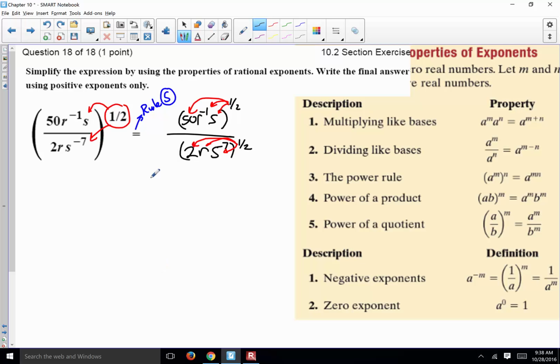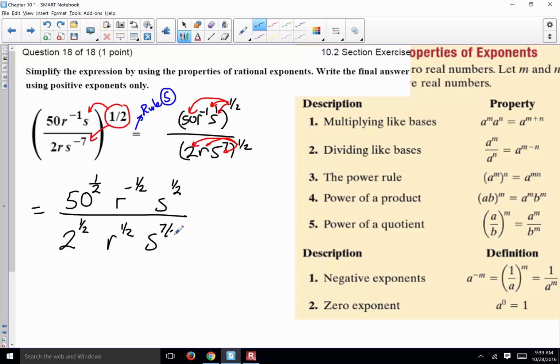Okay? So we have 50 raised to the power 1 over 2, or minus 1 times 1 over 2 is minus 1 over 2, s to the 1 over 2, because it has 1. 1 times 1 over 2 is 1 over 2. 2 to the 1 over 2, r to the 1 over 2, and s to the 7 over 2. 7 times 1 over 2, 7 over 2.